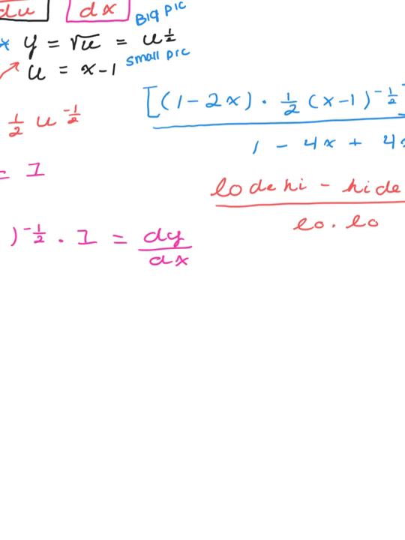I'm going to take that 1 minus 2x and I'll leave it alone. I'm going to take that 1/2 times x minus 1 to the negative 1/2. I'm going to move things to the denominator. So that's really just 1/2 times 1 over the square root of x minus 1.